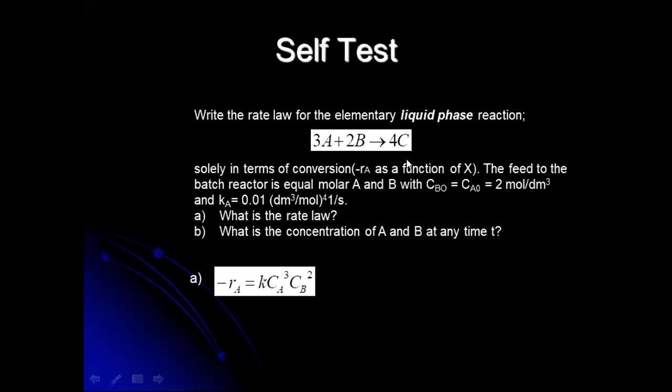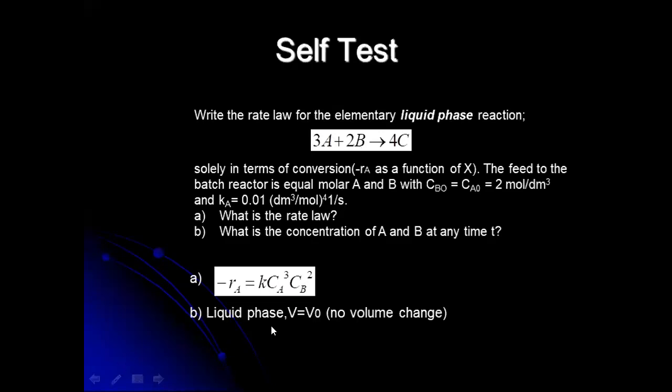Since the reaction is elementary, whatever is the coefficient of the species in your chemical reaction, that would be the exponent of the concentration term of that particular species. So we need to multiply the concentrations of A and B and raise them correspondingly to the coefficients of A and B in your stoichiometric equation. So this is already the rate law based on the statement that your provided reaction is elementary.